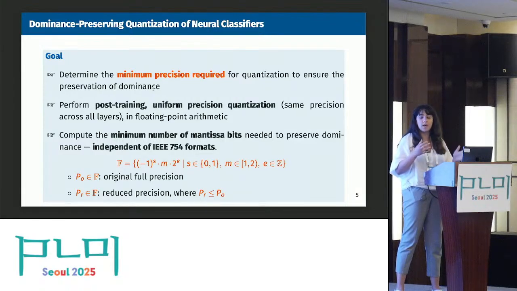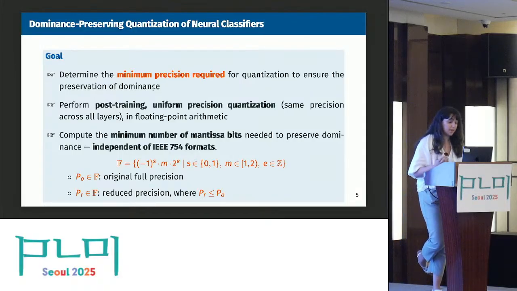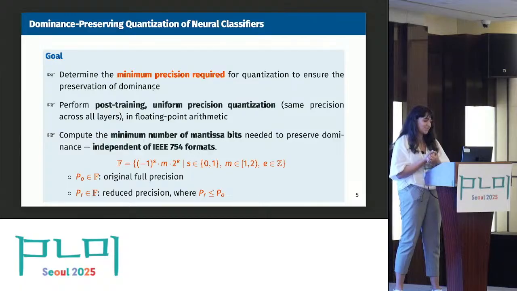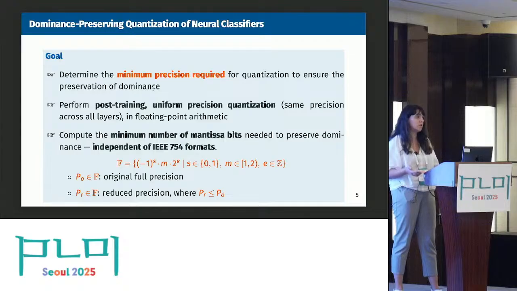We will not have mixed precision at this level of work. And by this post-training quantization, we will compute the minimum number of mantissa bits. The mantissa bits are the significand of the floating point numbers. We will compute such precision independently of the IEEE 754 formats, which means that we will give the new precision at bit level, for example, 9, 8, 18, etc.